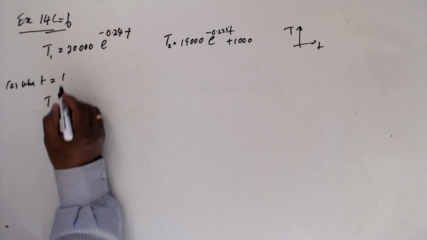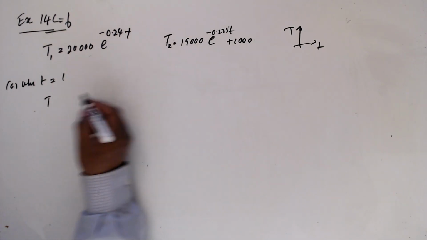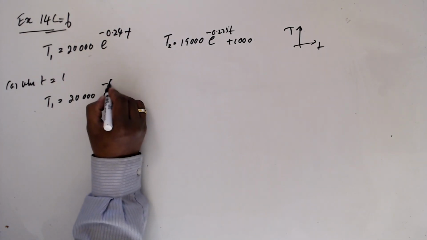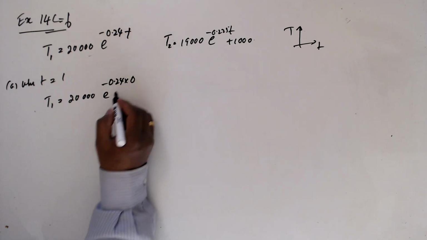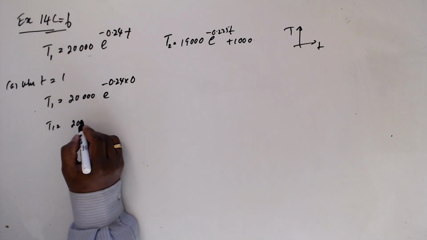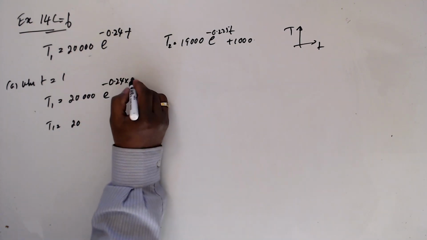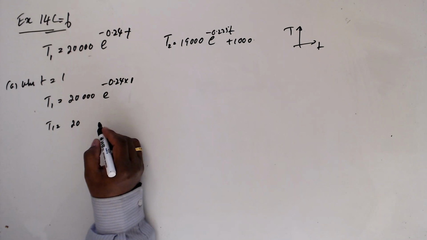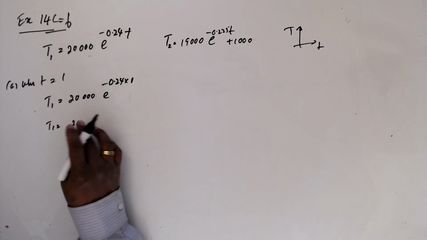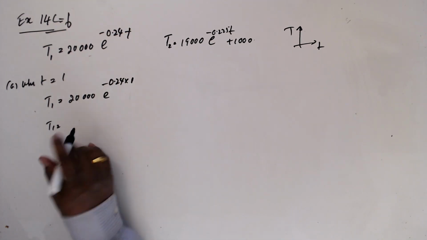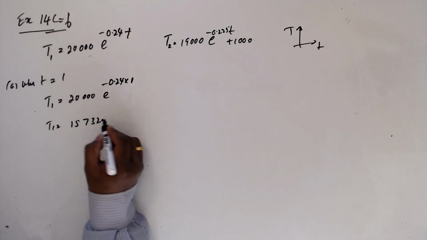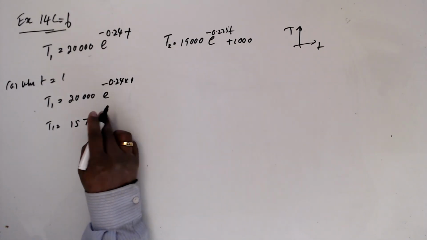So I will put 1 and 2 to identify easily. T1: 20,000 times e to the power of minus 0.24 times 1. It's not 0, so 20,000 times this one, we will get the answer 15,732.33 approximately.